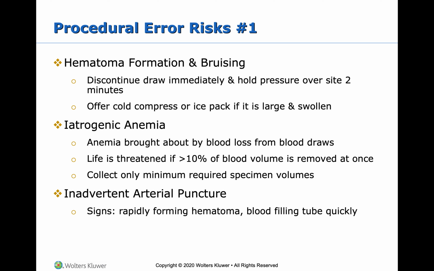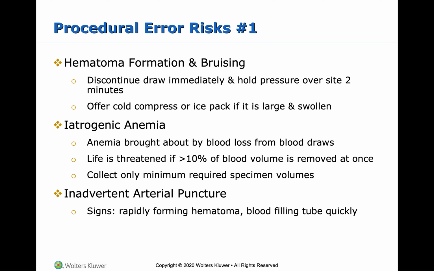So I want you guys to turn to page 289, box 9-1. These are situations that can trigger a hematoma to form. If an artery is accidentally punctured, there are other indications than just a hematoma forming. If the blood is squirting into the tube, that's indicative of an artery being punctured. If it's bright red, that's also indicative of an artery being punctured.